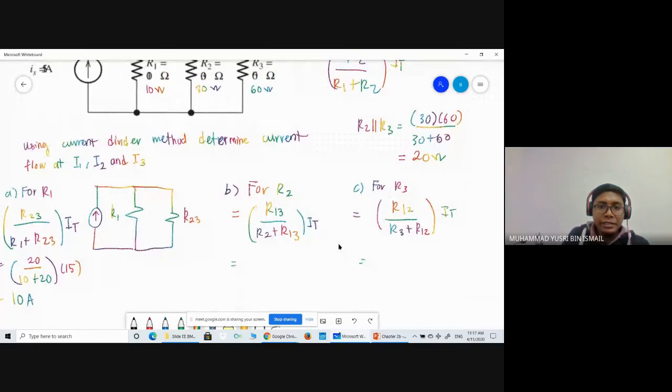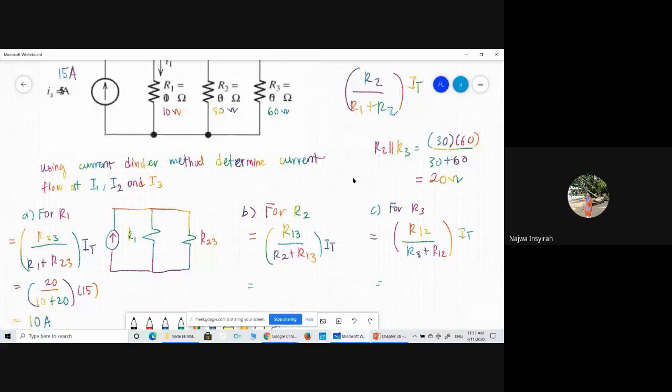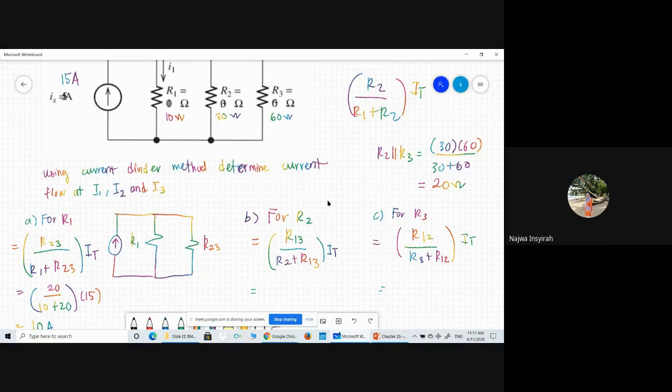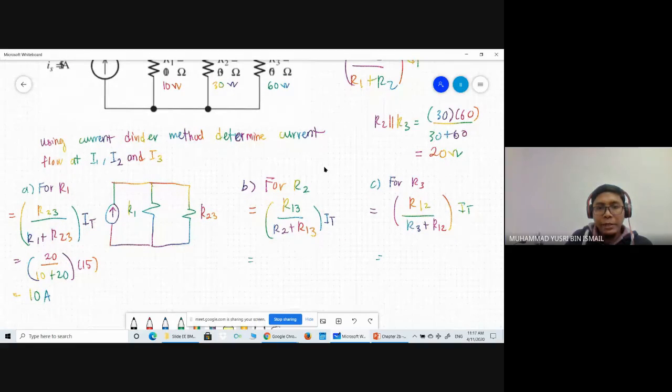Yes, it's the same for all the calculations, because it is the current supply from the current source. I got R2 for 3 ampere. 3 ampere, okay, I will put it here. And then for R3, I will ask another person. Thank you, Najwa.